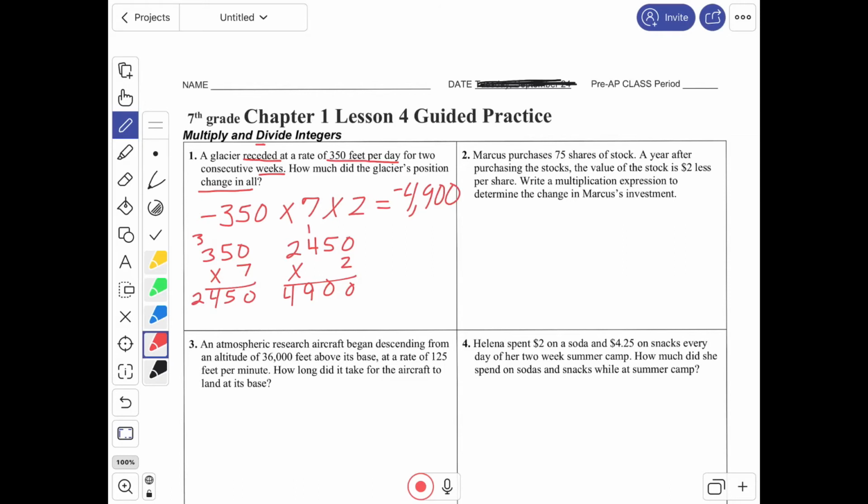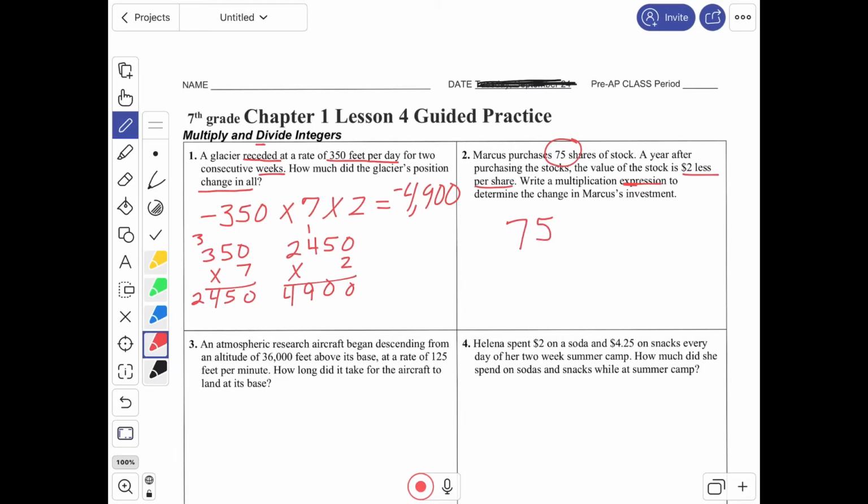Number 2, Marcus purchases 75 shares of stock. A year after purchasing the stock, the value of the stock is $2 less per share. Write a multiplication expression to determine the change in Marcus' investment. So we're just writing an expression. That means we're not actually solving it.